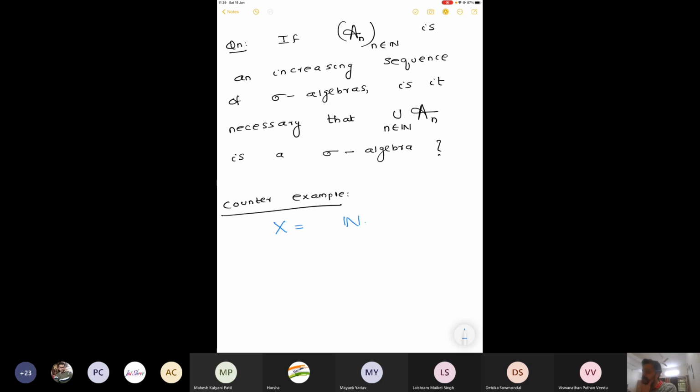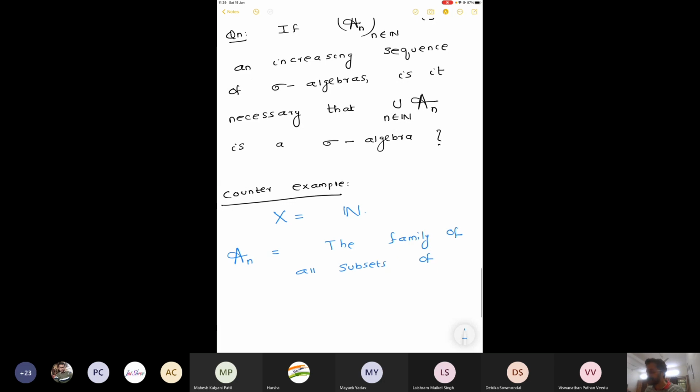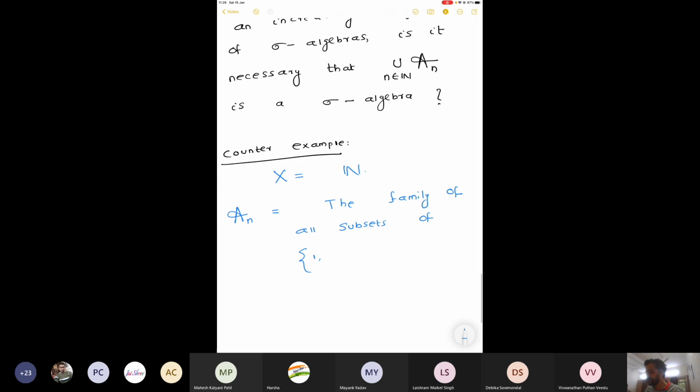Now on this X, I have to construct a family of sigma algebras which are increasing. So the sigma algebras are A_N equal to the family of all subsets of the first segment 1, 2, 3, up to N and their complements.